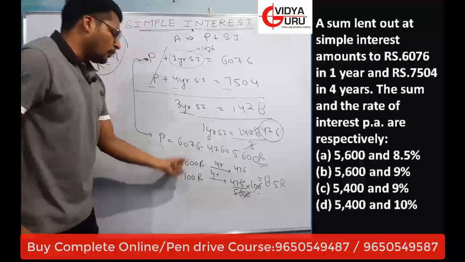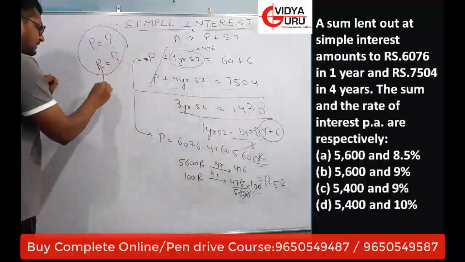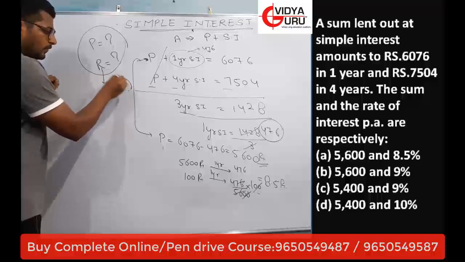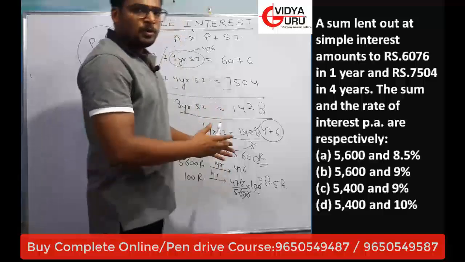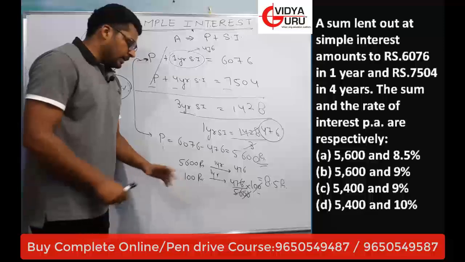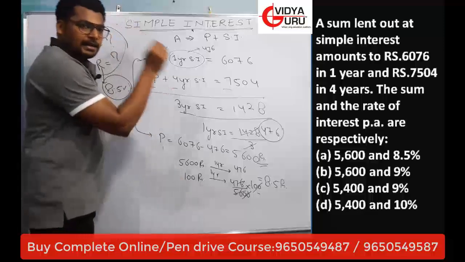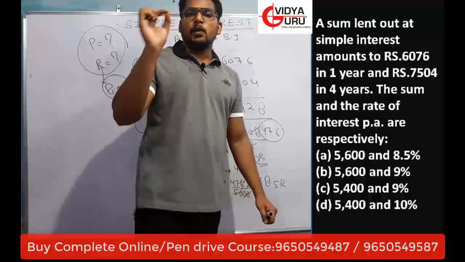Amount given on 100 rupees in 1 year is nothing but rate. That means rate is 8.5%. Hope you are getting it. I have not applied the formula. I have told you earlier that rate is nothing but amount paid on 100 rupees in 1 year.